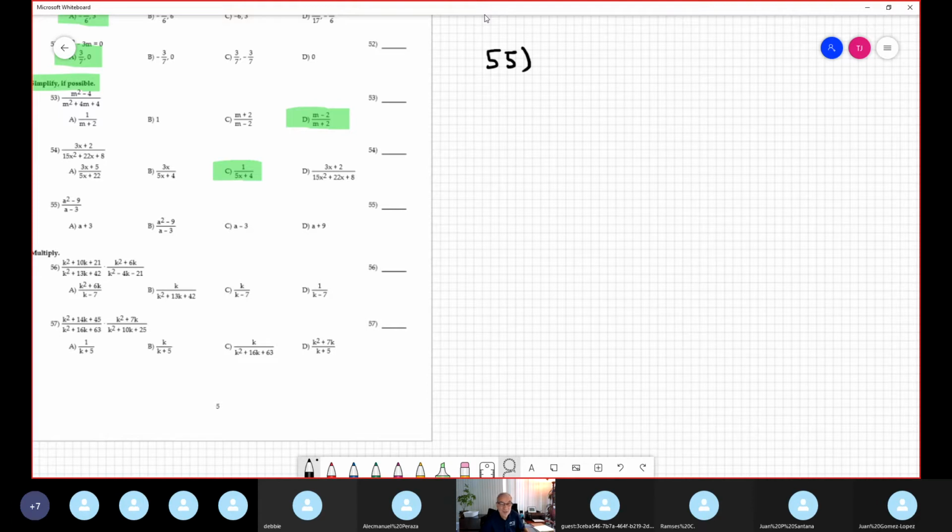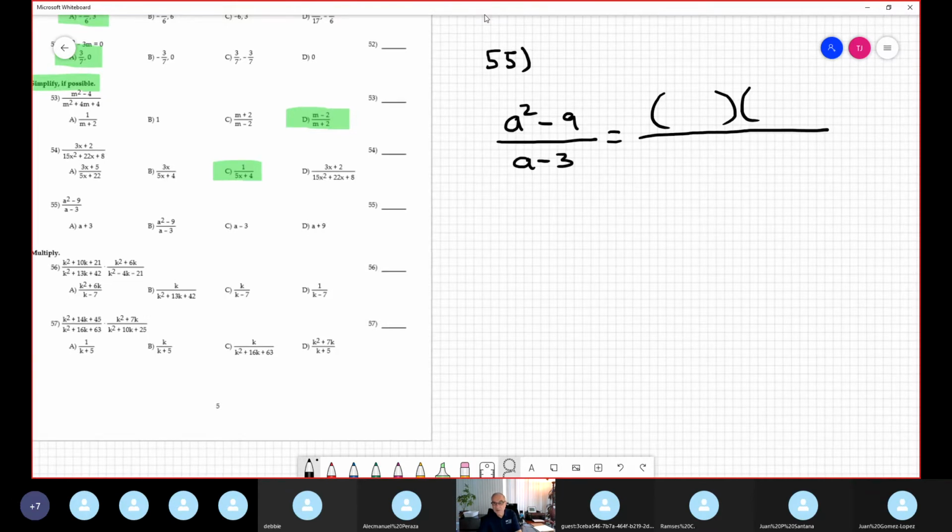So it's a squared minus 9 divided by a minus 3. Oh, this is a difference of squares in the top. Open two parentheses: a, a, 3, 3, plus and minus. And this is a minus 3.